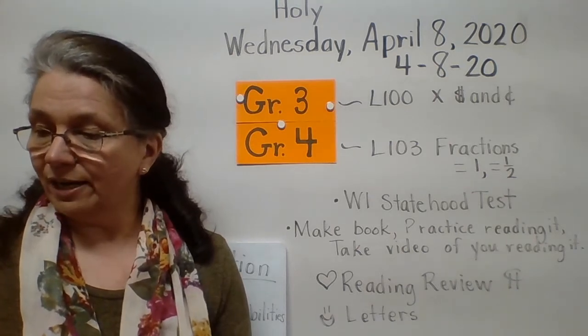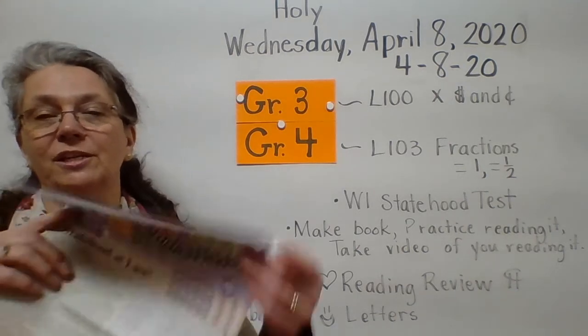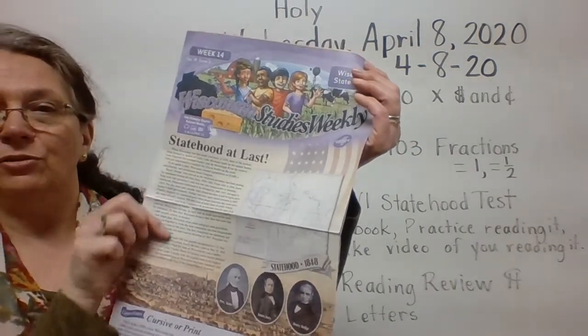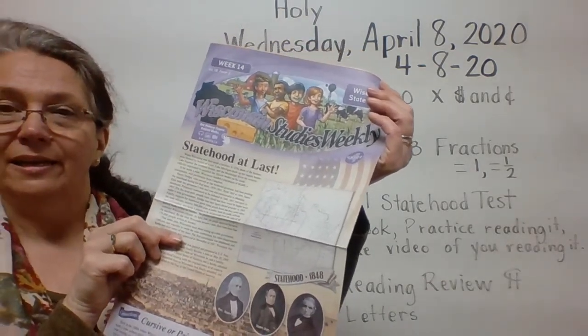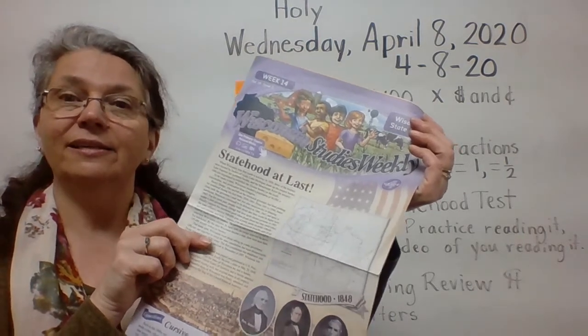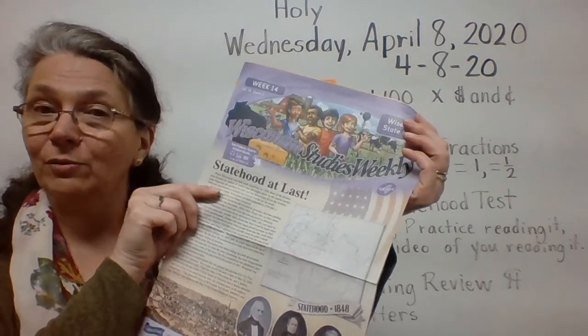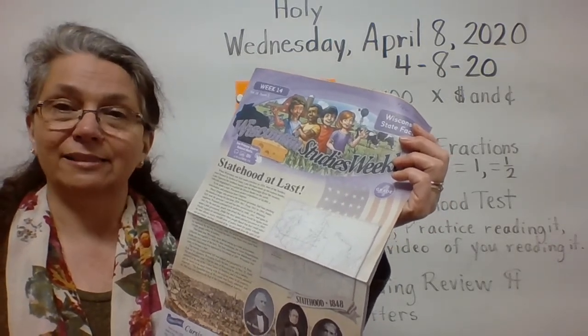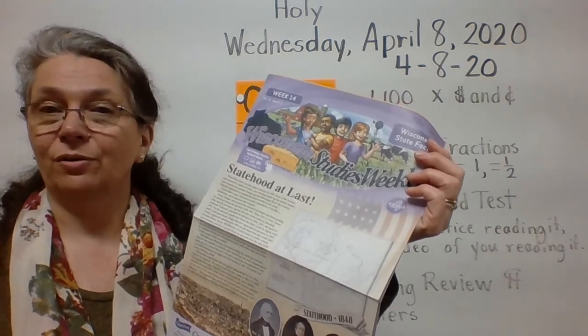Well, if you look on that very first page in your paper, it gives you the reasons why Wisconsin decided, yes, let's be a state. And when I say Wisconsin, I mean the people of Wisconsin. The people of the territory of Wisconsin voted, and then that had to go to Congress, the United States Congress.